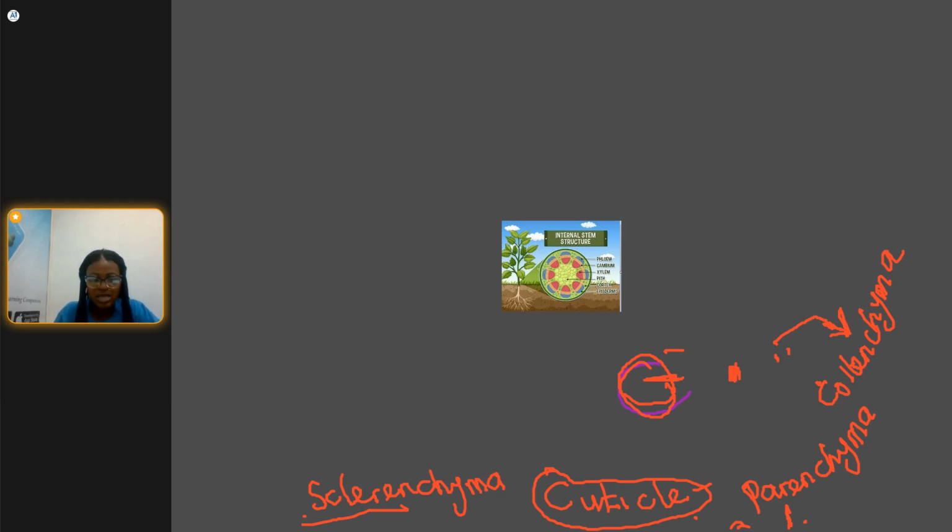Okay, so we move to the next layer, which is the vascular bundle. Don't forget, I told you earlier. Who can tell me the vascular bundles here using the chat box?